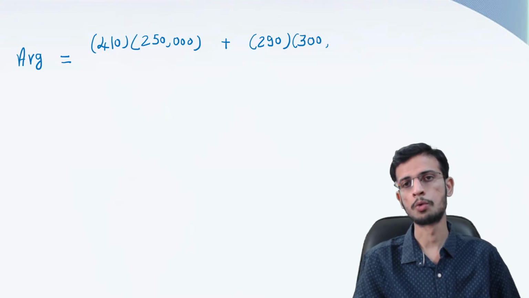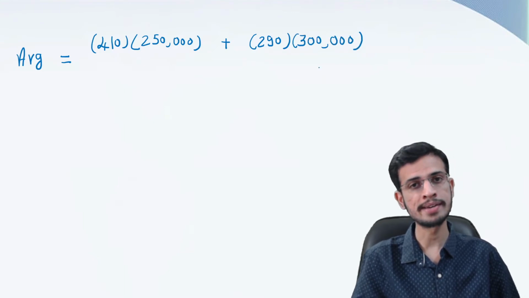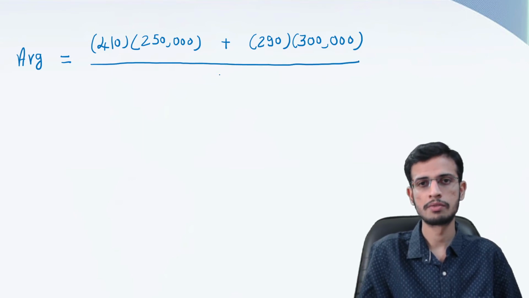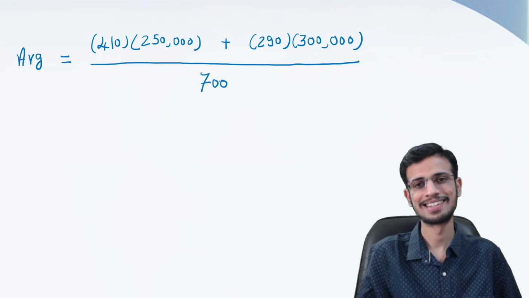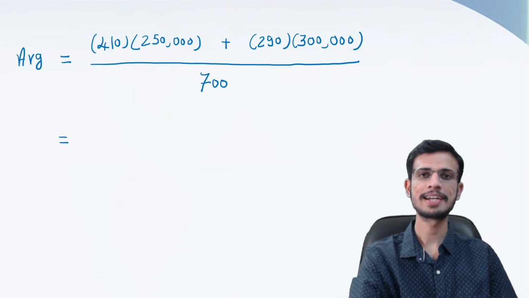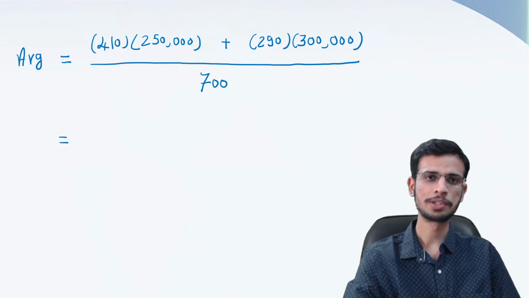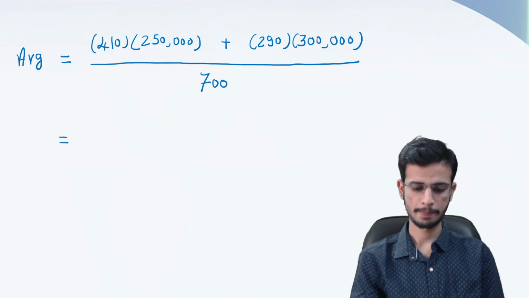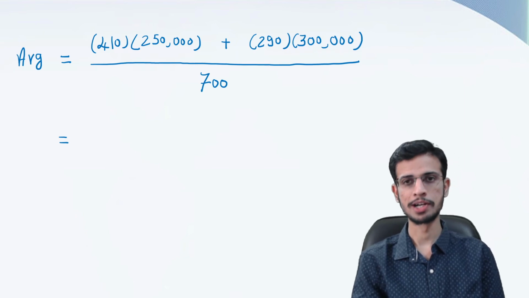This is the sum of the amount. We have to find the average of the entire value. Total 700 observations will be there, so we divide by 700 and get our answer. You can simply calculate this value, right?